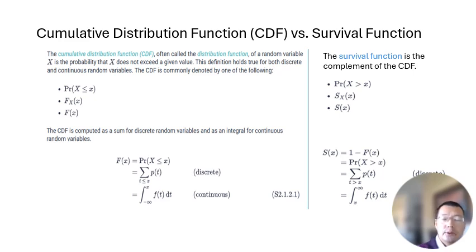Similarly, it's denoted as capital S(x). Based on this definition, we know that the survival function S(x) is just 1 minus F(x). Then from there, we can use the same formula to derive the value of S(x).